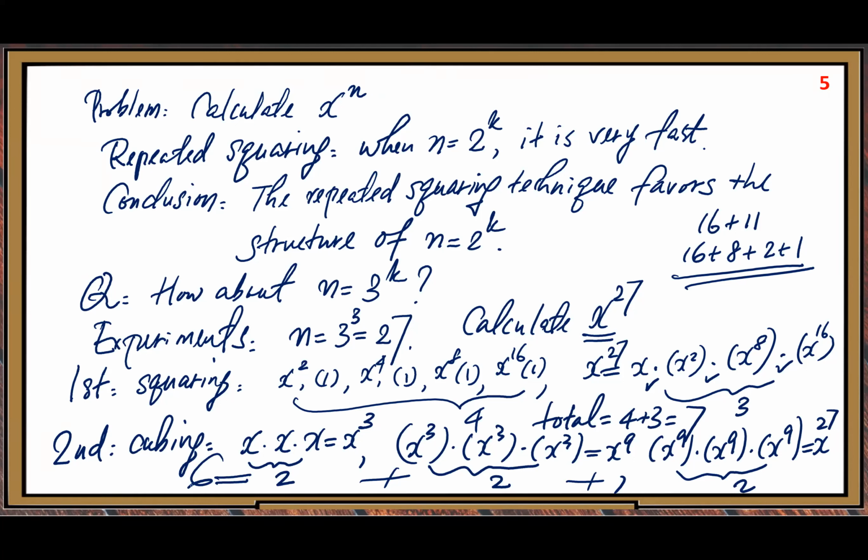Compare 6 and 7. In our first experiment, we need 7 multiplications, but in our second experiment, we need 6 multiplications, 1 fewer. You can see for the power of 3 structure, repeated cubing is better.